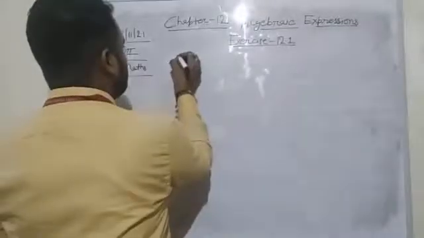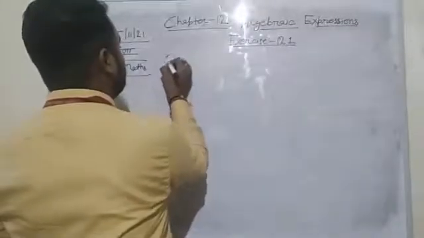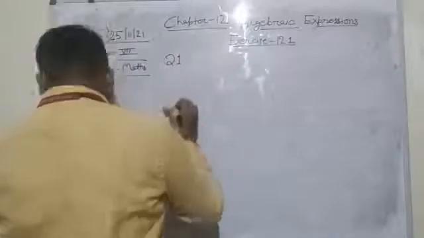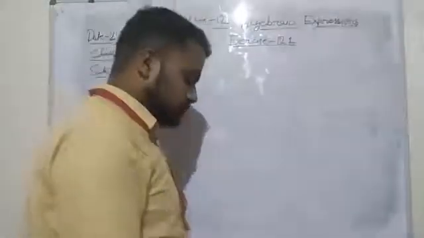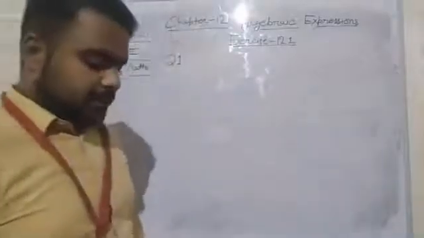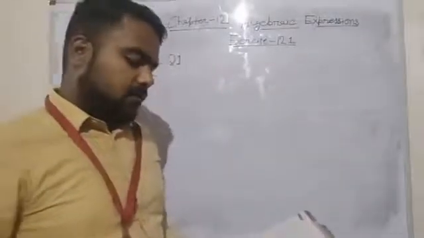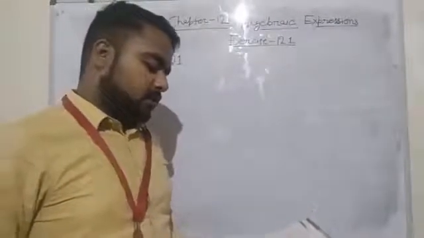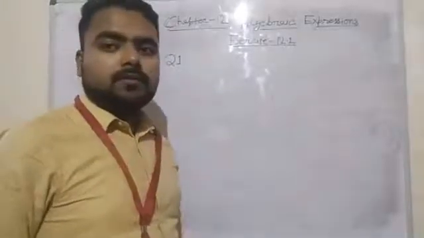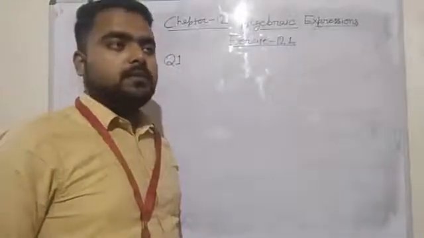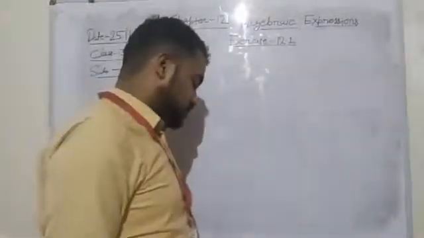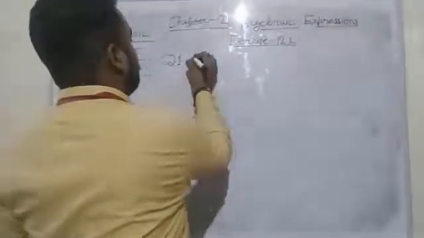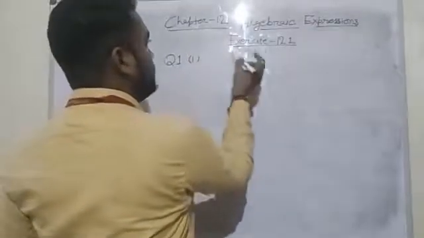Now I am going to solve questions of the exercise. Question number first. Get the algebraic expression in the following cases using variables, constants and arithmetic operations. So we have to write the algebraic expression for the statement. First statement is subtraction of z from y.